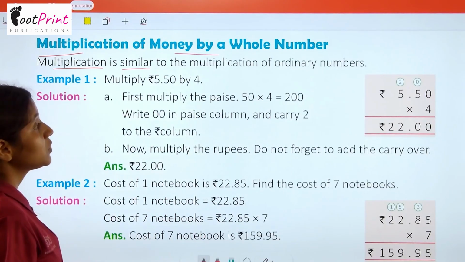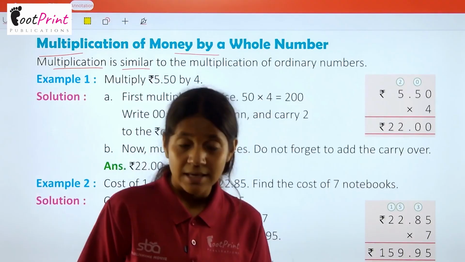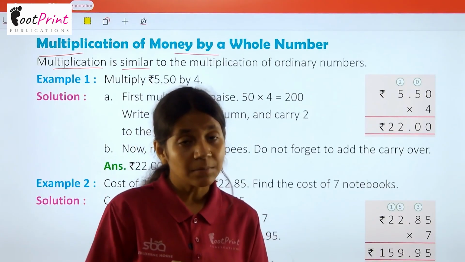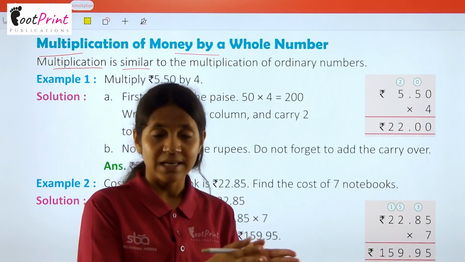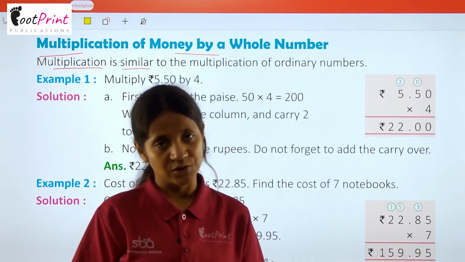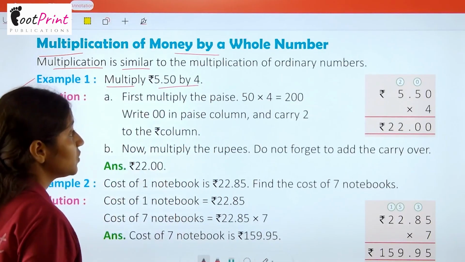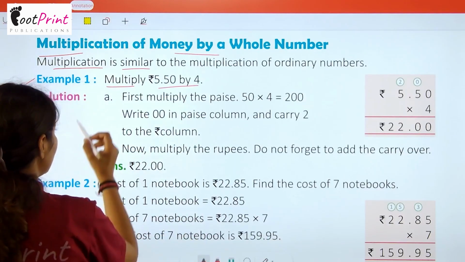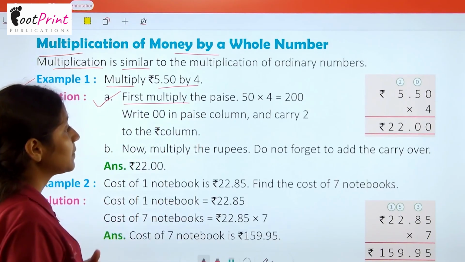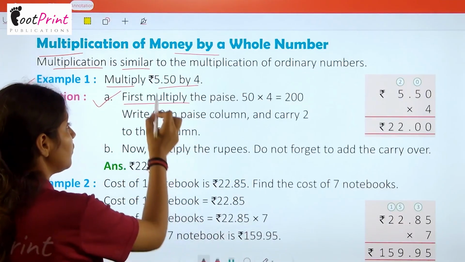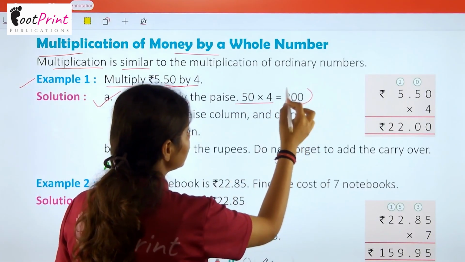Multiplication is similar to the multiplication of ordinary numbers. Again, जब हम मनी का मल्टीप्लिकेशन करेंगे ये सिंपल है लाइक अ ऑर्डिनरी नंबर के मल्टीप्लिकेशन की तरह. Example number 1, multiply 5.50 by 4. So, step 1 says that first multiply the paise. So, 50 into 4 is 200.